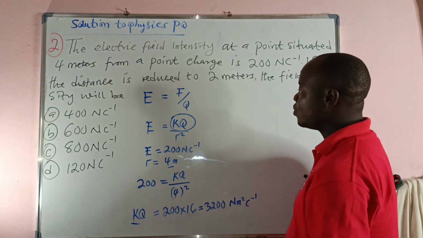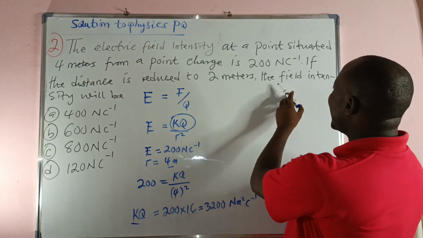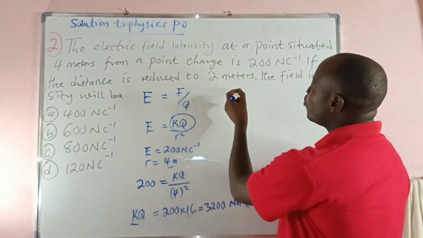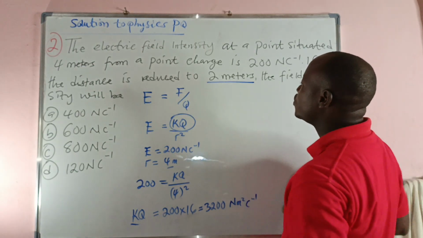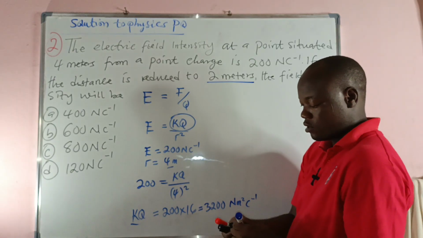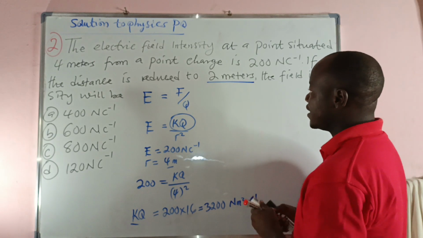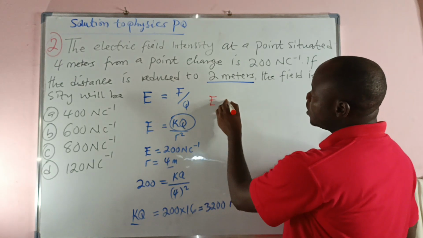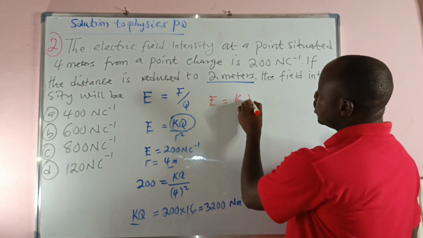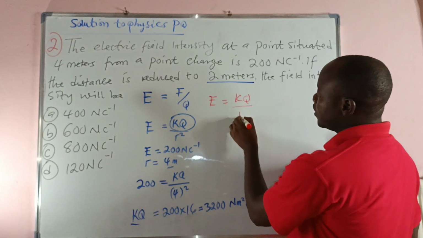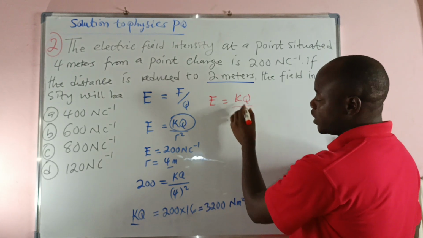So what are we going to do? We are now going to calculate the electric field intensity when the distance is reduced to 2 meters. I think it's simple, ladies and gentlemen. From here, E is KQ all over R square, and we already have KQ.